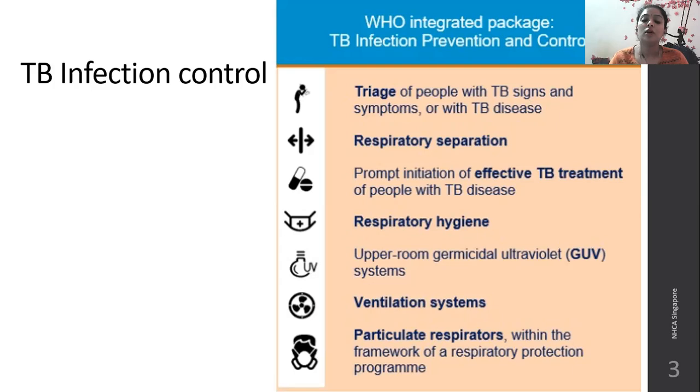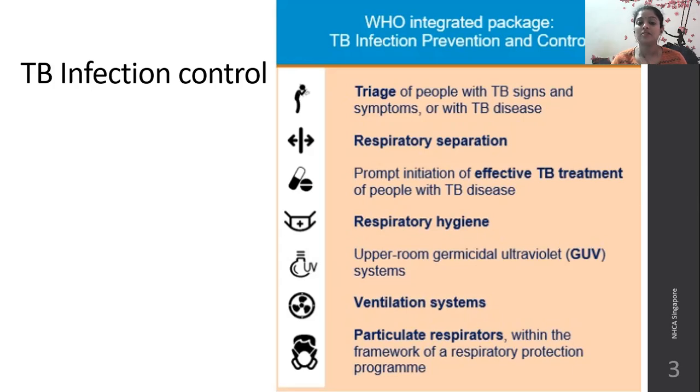As soon as you come across a patient who has had a chronic cough for months and, along with that, excessive weight loss, screen them and separate them, isolate them from other patients, and do the smear positive test, sputum test, etc. So that is triaging the people, separating them from other patients who have TB signs and symptoms or who are diagnosed to be tuberculosis positive.